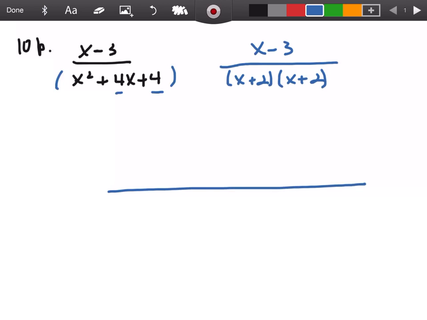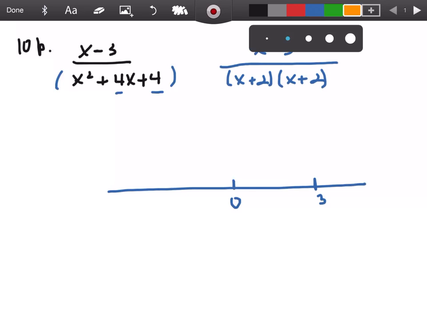I think it's a 4-step process. First, I think you go to the numerator and find out when the numerator is 0. So the numerator is 0 when x is 3. I'm going to put a little 0 here. I think it works better if we put the numbers on the bottom. When x is 3, that's a key point. When x is 3, the function is actually right at 0. So I'm going to make that line.